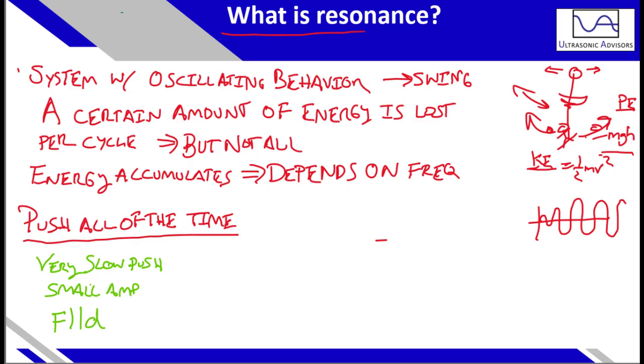So however you apply that force, the child, or whatever resonant system, that force would be going at the same pace as the displacement or the movement. So they would be completely in sync.